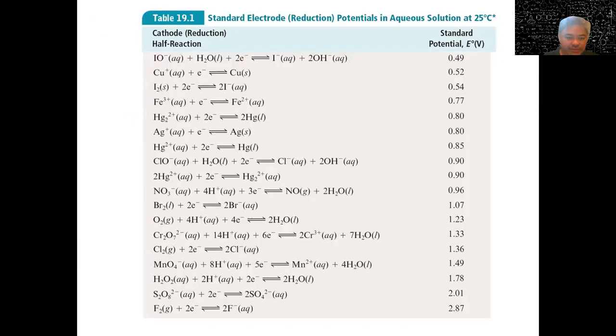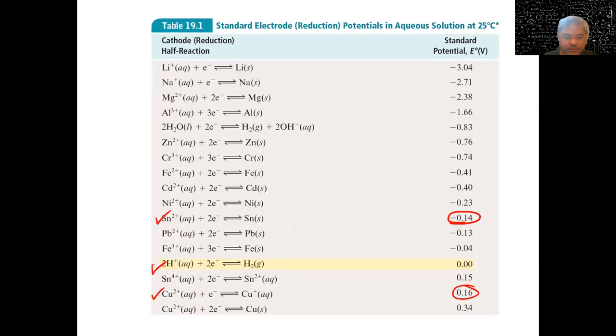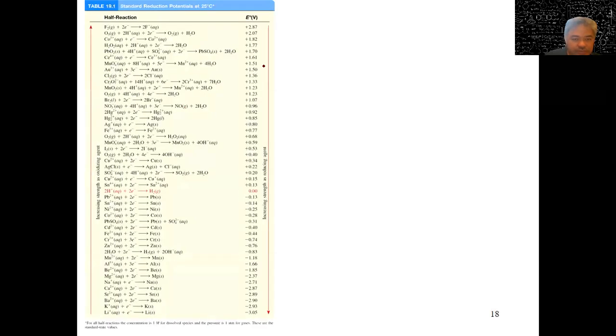Dito ba ang gold? I think we can look at here. So there's the gold, 1.50. And the other one is calcium.